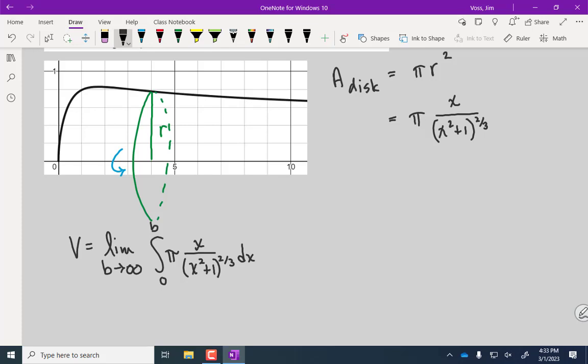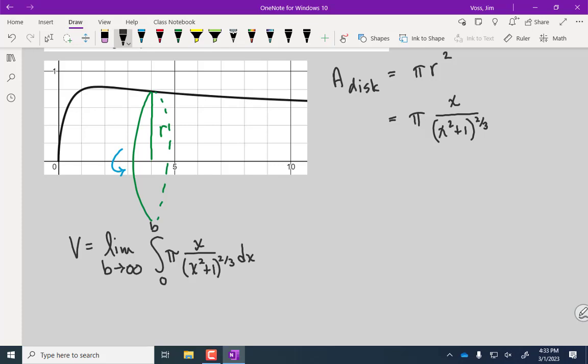And what technique of integration? Sub? Yeah. And where are we going to let u be? x squared plus 1, because the derivative of x squared plus 1 is 2x, and we can make the numerator 2x.